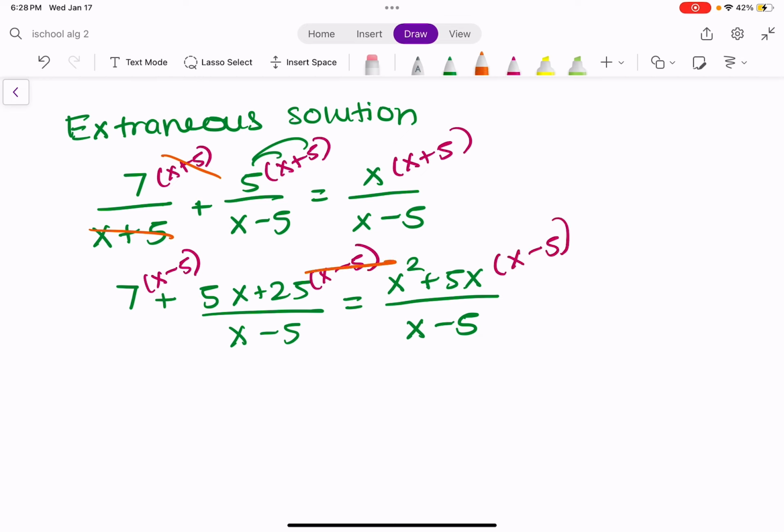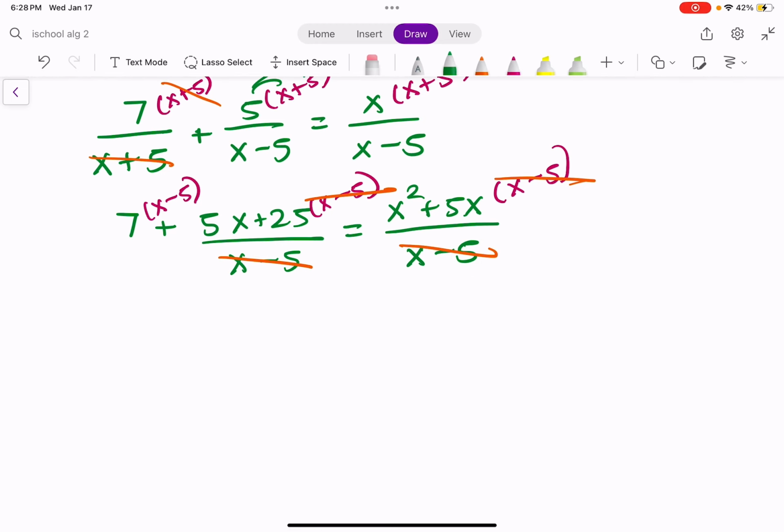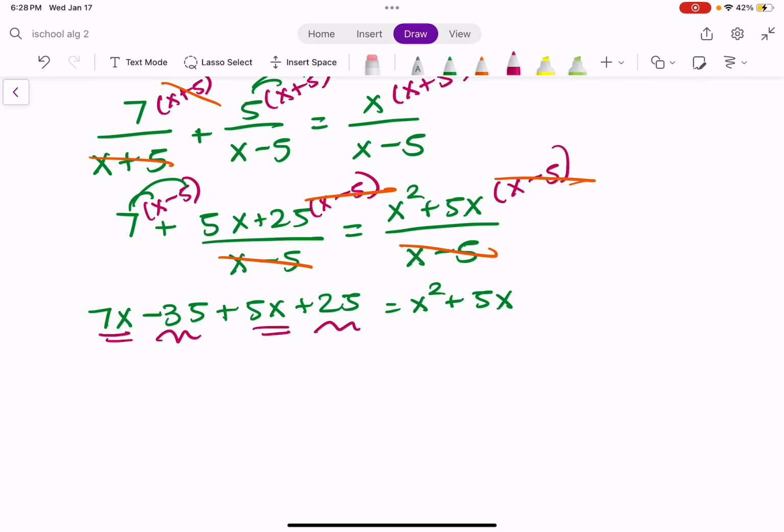I'm going to cancel all of these. So that's going to give me, I'm going to distribute this, 7x minus 35 plus 5x plus 25 equals x squared plus 5x. I'm going to combine like terms. So I'm going to have 12x minus 10 equals x squared plus 5x.